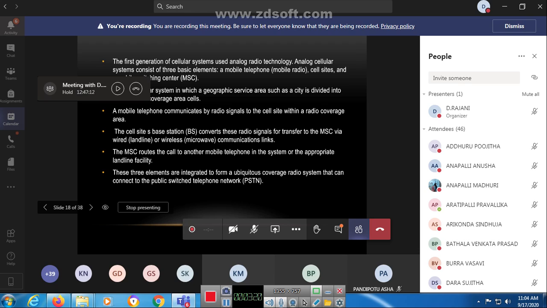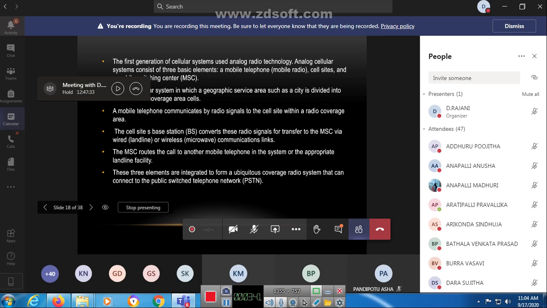So that is the mobile radio technology. For that base station it has a nearer mobile switching center. For both the base station and the mobile switching center, there is one central office.